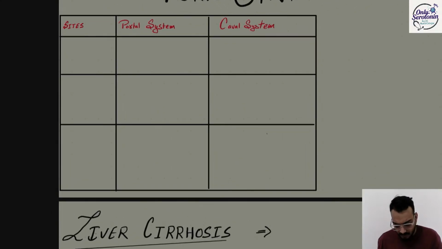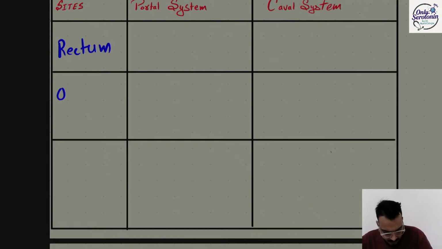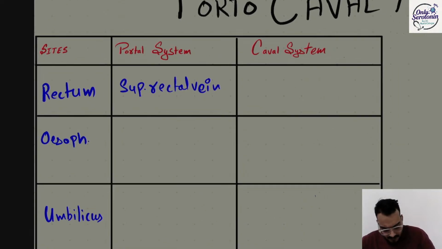Now, portocaval anastomosis. What is portocaval anastomosis, guys? The sites of portocaval anastomosis are your rectum, then esophagus, then umbilicus. So what will happen? From the portal system, your superior rectal vein will come, and from your caval system, your middle and inferior rectal veins.